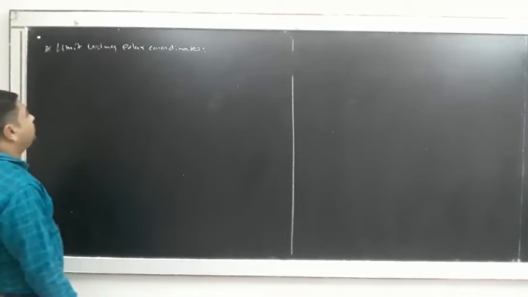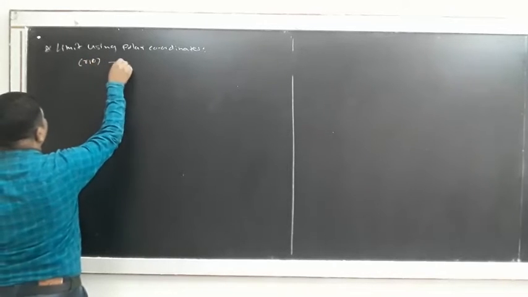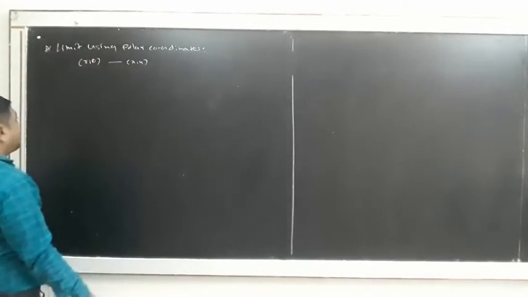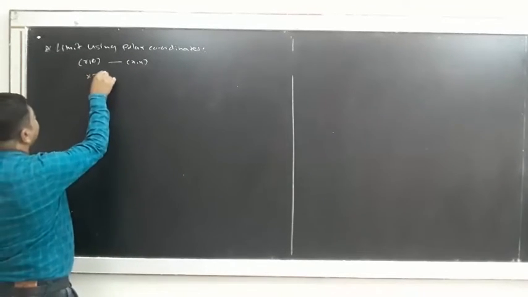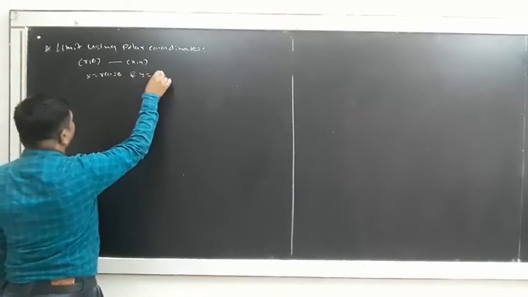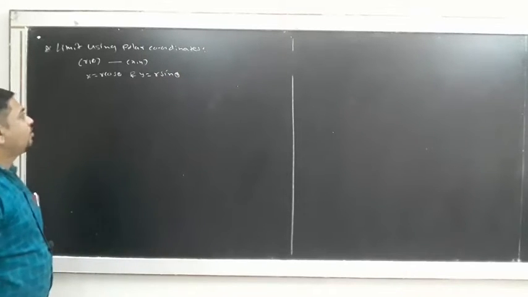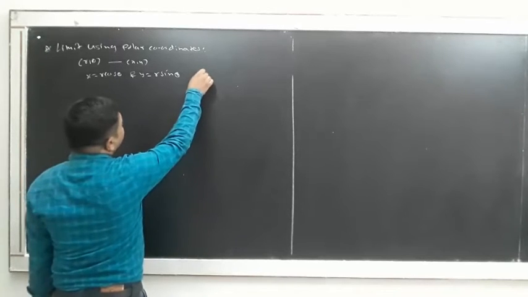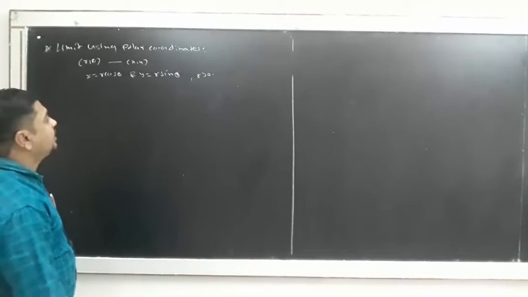Suppose we have r and theta as the polar coordinates of the point (x,y), then x is equal to r cos theta and y is equal to r sin theta. Here r must be positive, r is always positive. Okay.